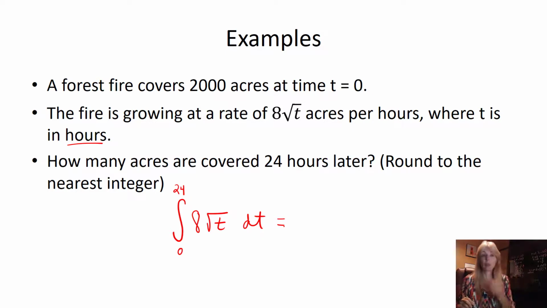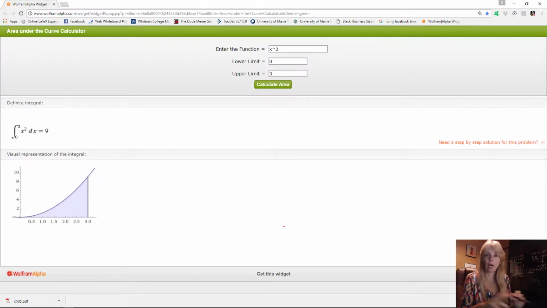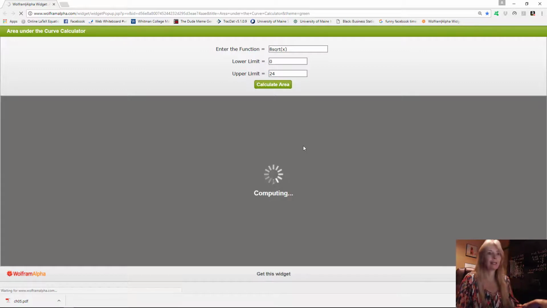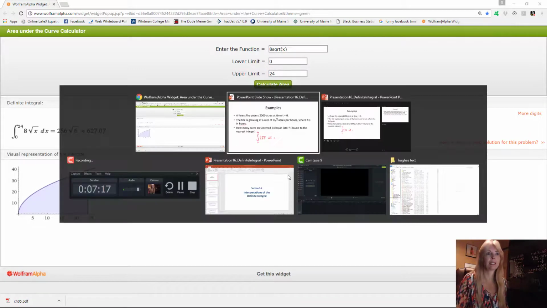Well, we're not ready to know how to solve this yet, so we go back to our trusty little calculator that I showed in the last video, and it only recognizes x's, so I would put 8 times the square root of x, and I would go from 0 to 24, calculate the area, and I get about 627.